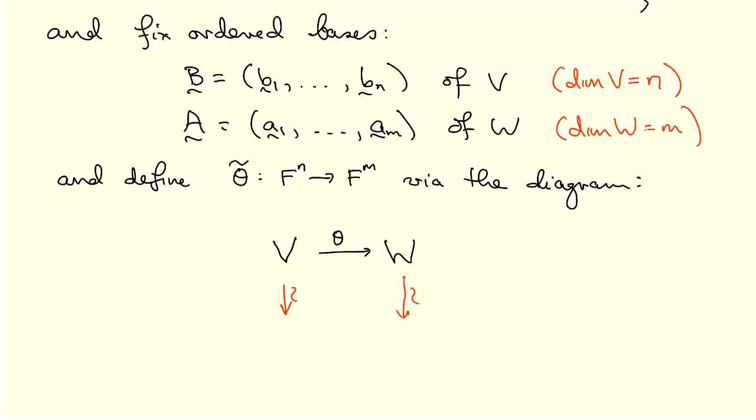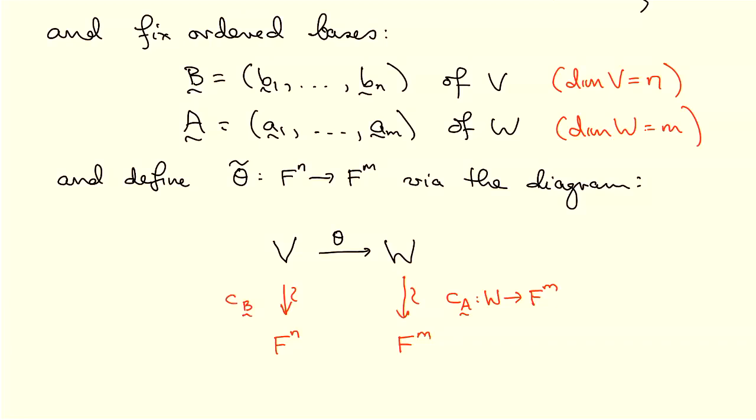These are the ones that take us to Fn and Fm, respectively. These are these coordinate maps. This would be CA, which is a map from W to Fm, and this one was CB, which is a map from V to Fn. It was an isomorphism from there to there.